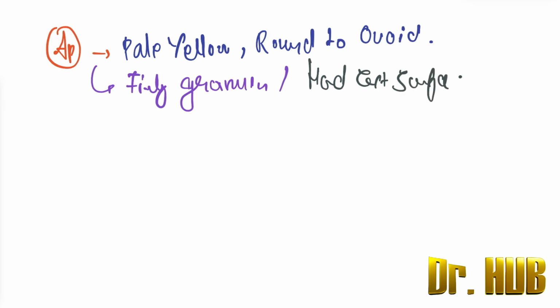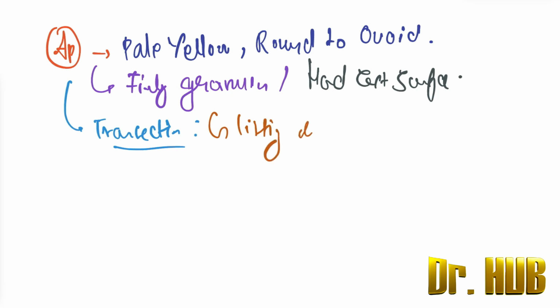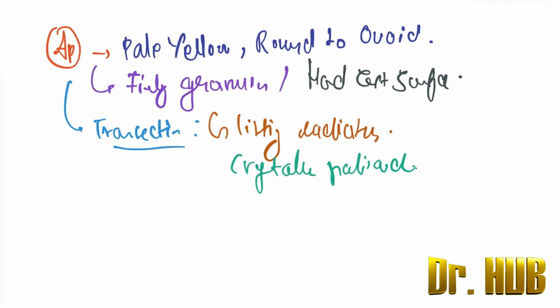Next, let's look at the transection. So under transection, there is a glistening, radiating, crystalline palisade. Now let's look at the constituents.